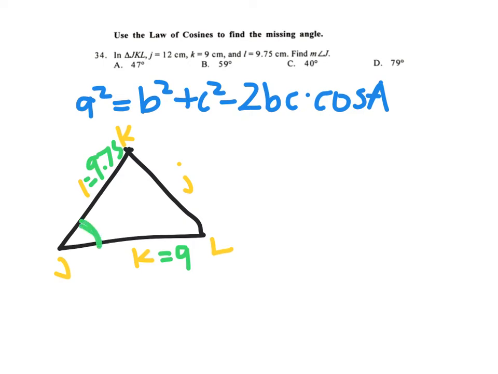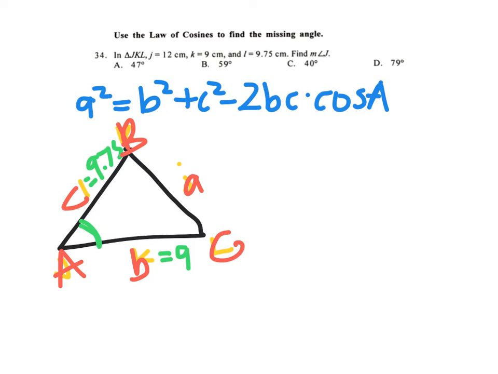If you want, label your corners. So maybe let's call J A, we'll call K B, and we'll call this one C. So then we have little b, little c, and a little a. And you can go ahead and just use your formula.